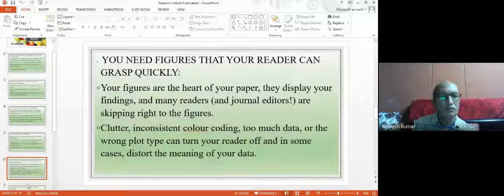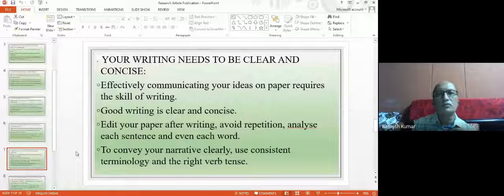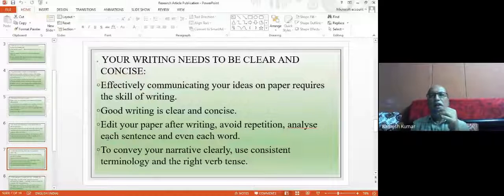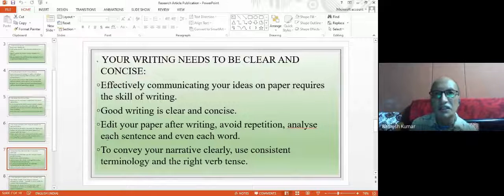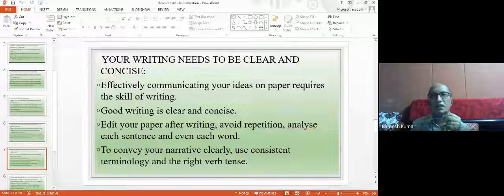Then your writing needs to be clear and concise. Do not think of writing the paper in terms of 20 pages, 30 pages, 14 pages, 15 pages. Most of the journals restrict your article to a certain number of pages, 3 pages or 4 pages.